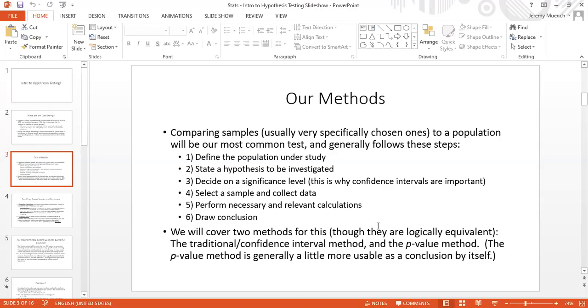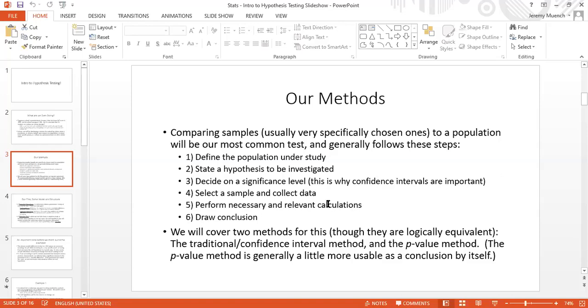Despite the fact that this is going to be mainly what we're doing in this class, this is one of the shortest and least involved steps in here, because for the most part, selecting the sample and collecting data is a pretty big deal. Surprisingly, deciding on a significance level can result in some pretty strong arguments.